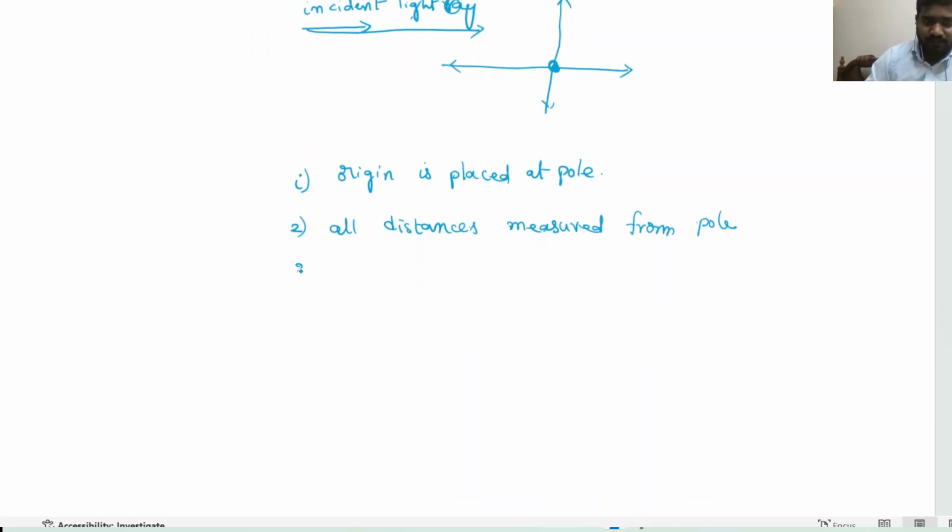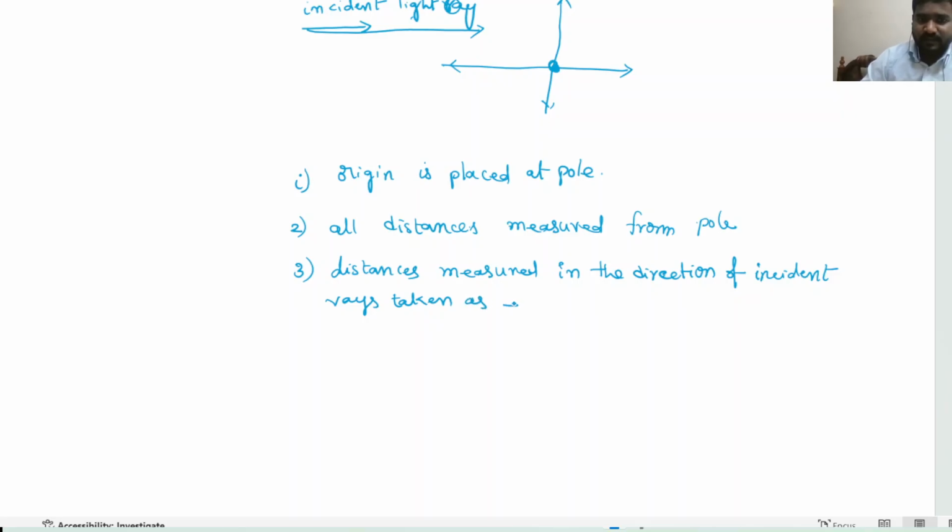Next, the third point: distances measured in the direction of incident rays are taken as positive.